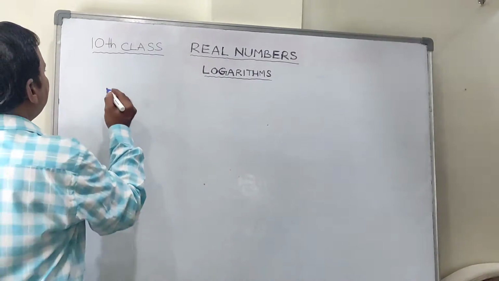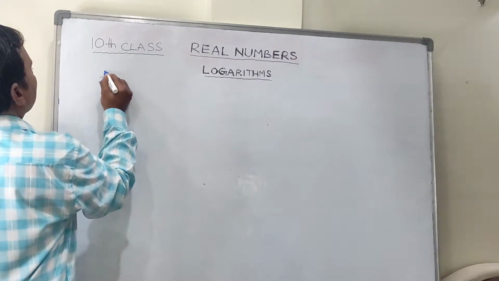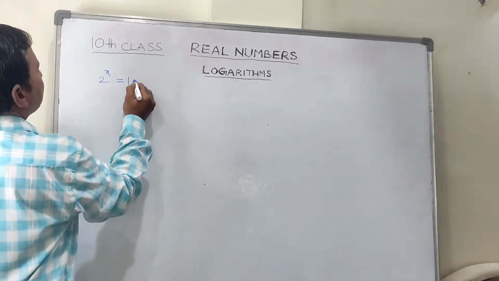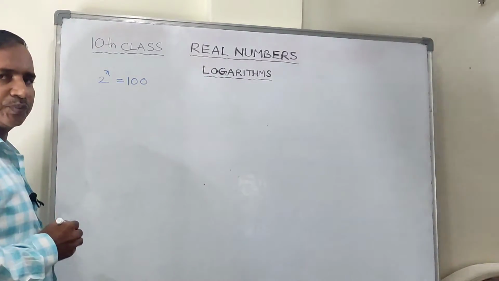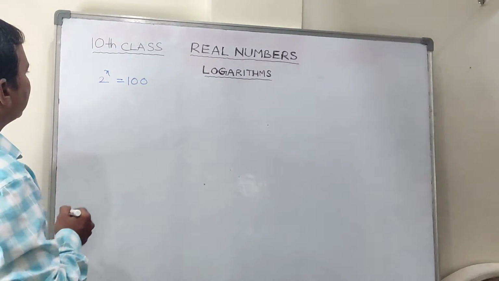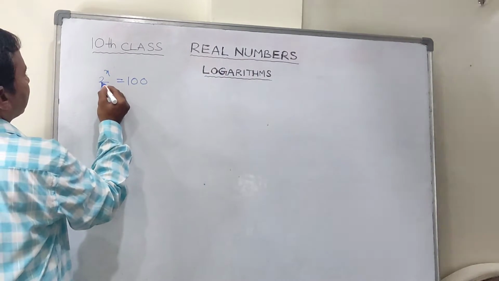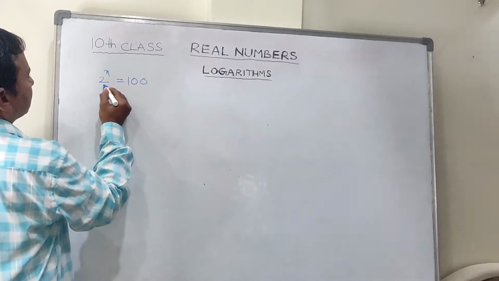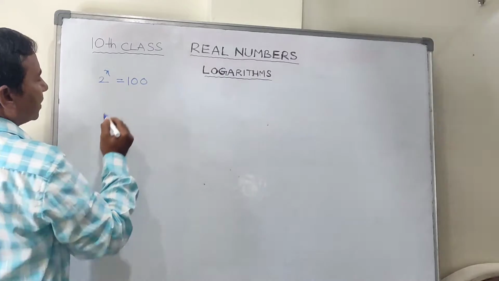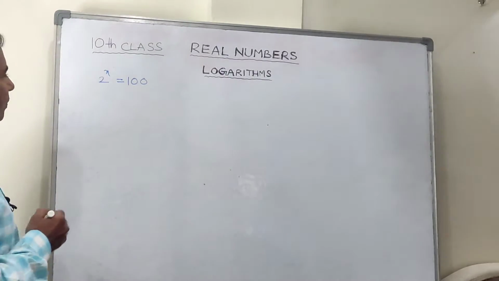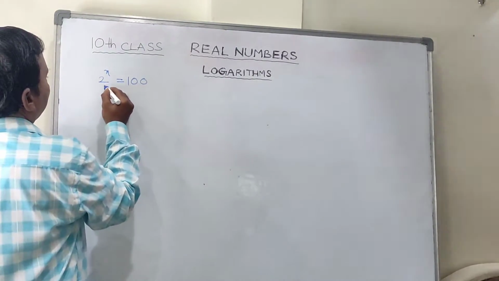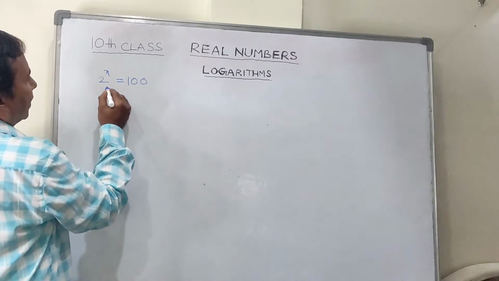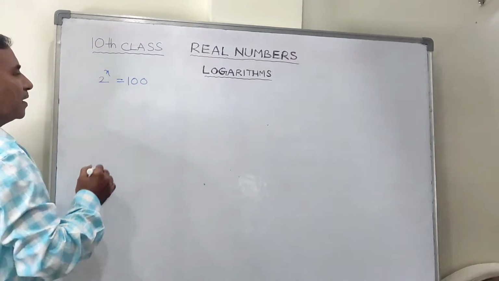Now, if we say 2 power x is equal to 100, we have to check by multiplying 2 how many times to get 100. If you multiply 2 as many times as you like, we can't get 100.